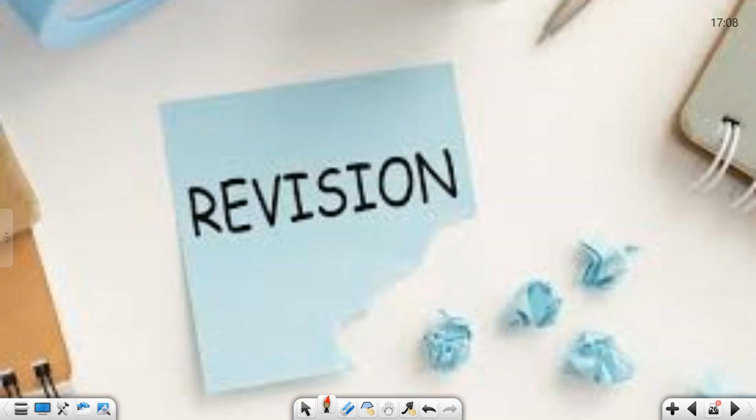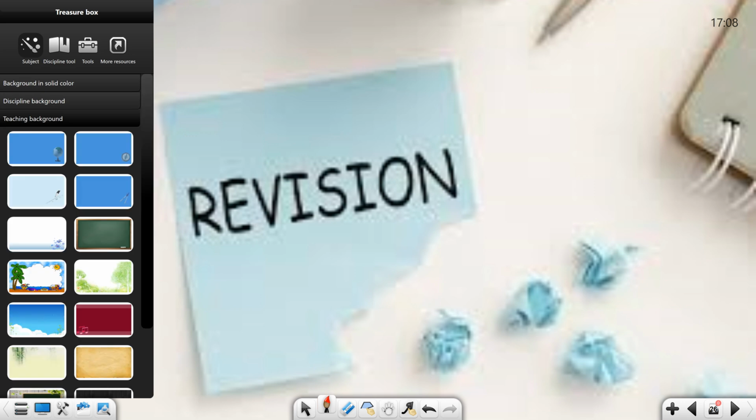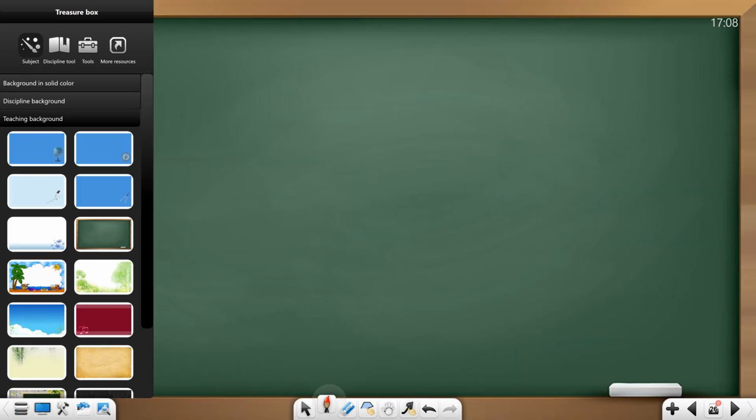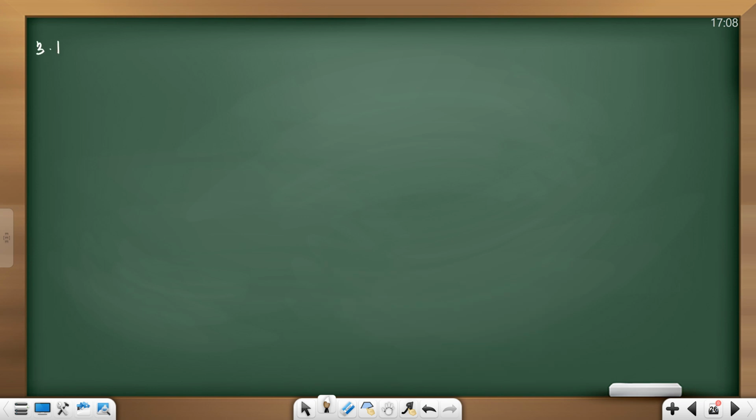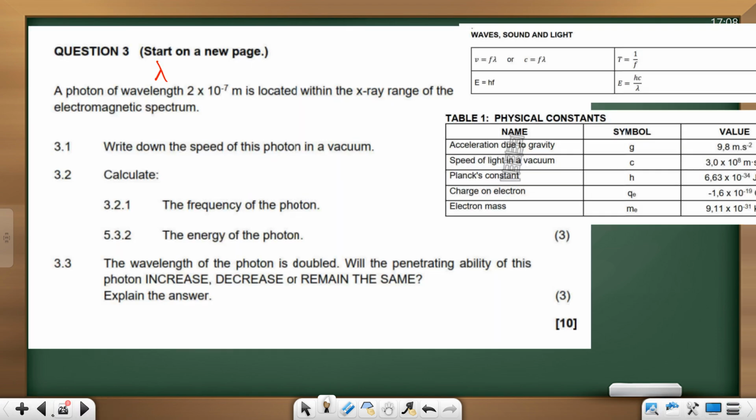So our first answer there, that's why the examiner says write down 3.1. The speed of electromagnetic waves is what? C, which is 3 times 10 to the power 8 meters per second. And you can pick that from even your formula page.